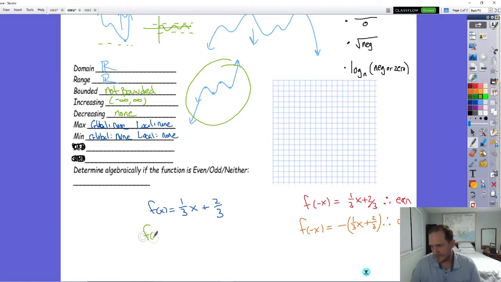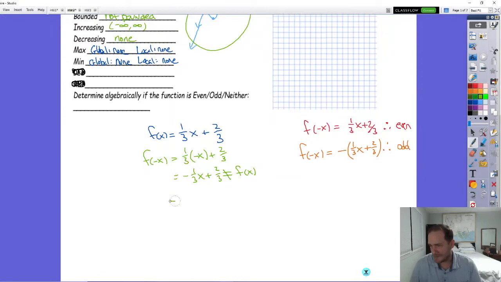So what is f of negative x? It would be 1/3 of negative x plus 2/3. So that's negative 1/3 x plus 2/3, which is not equal to the original function f of x.